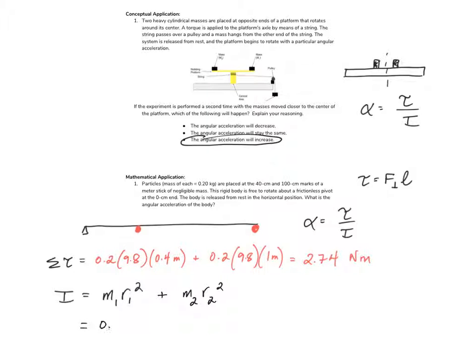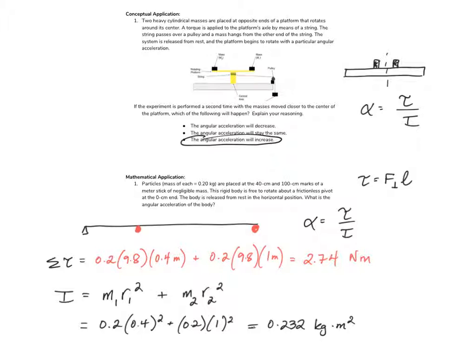If we plug this stuff in, we get a rotational inertia of 0.232 kilograms times meters squared. If you take a look, these units should make sense, because here we have mass and here we have a length. So kilograms times meters squared.